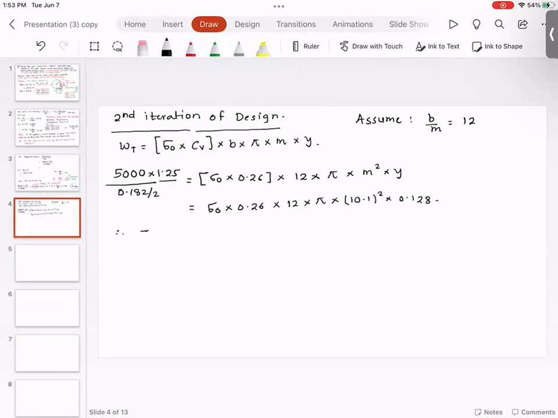And from here, I should be able to get the value of sigma naught. And why did we square it? Oh, because this became B is equal to 12 times M. So 12 got here and M got multiplied with it. And select the material that can meet this particular requirement.